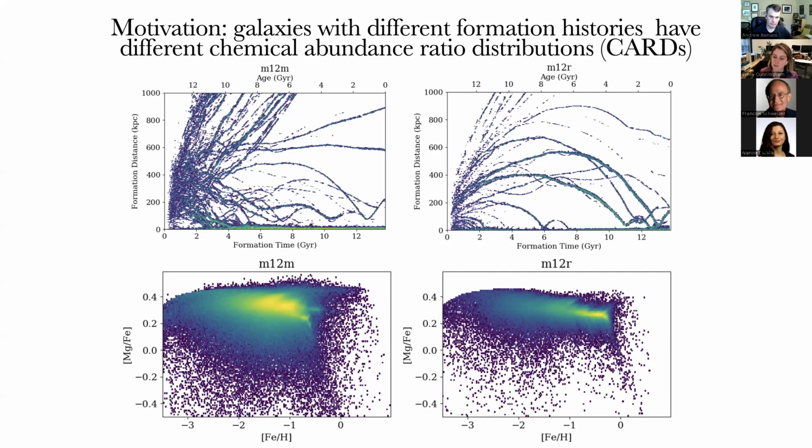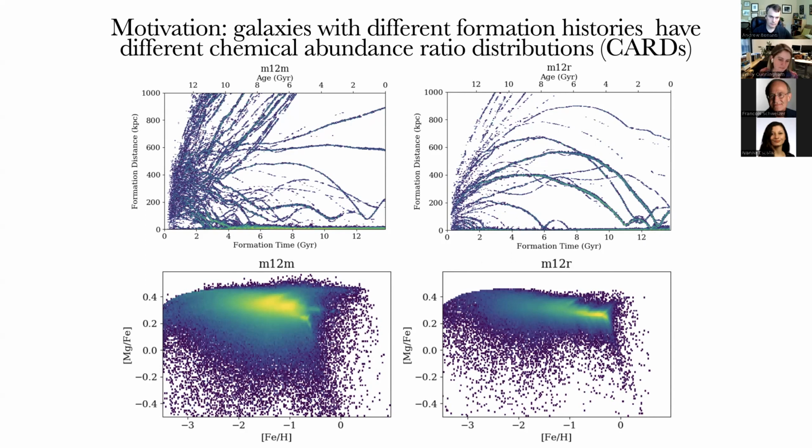If we look at the abundance distribution of its halo, it extends out to relatively high metallicity, and the distribution is turning over in magnesium on iron because these are very extended star formation histories that have been enriched by type 2 supernovae and type 1a supernovae, and have this characteristic turnover as the dwarf continues to evolve over an extended period of time.